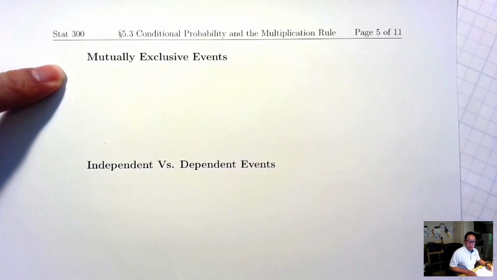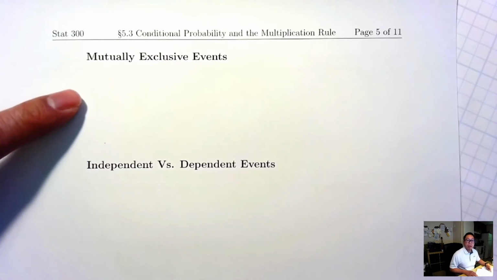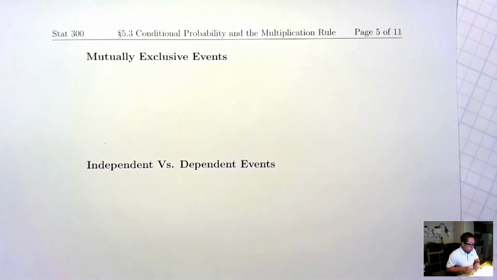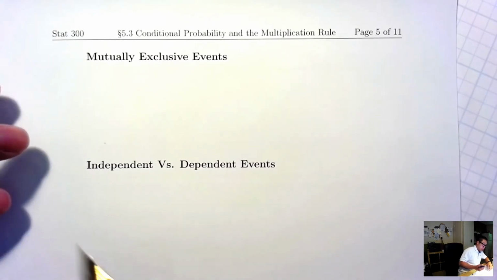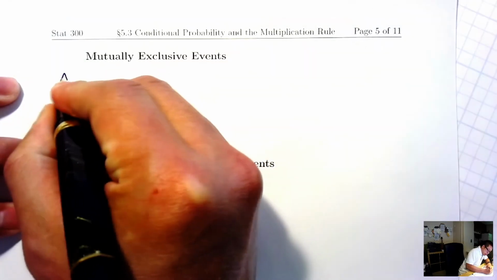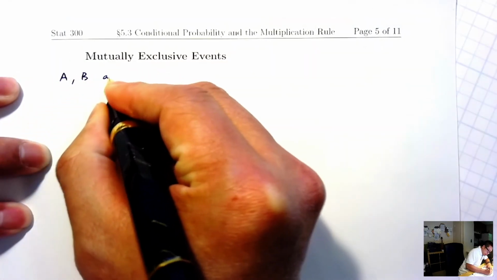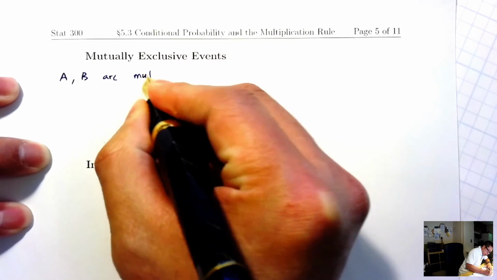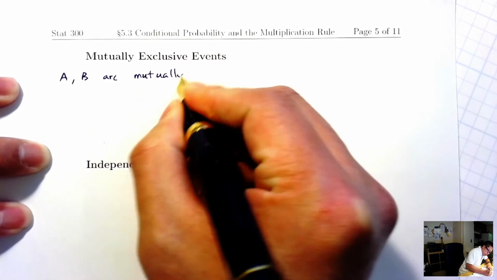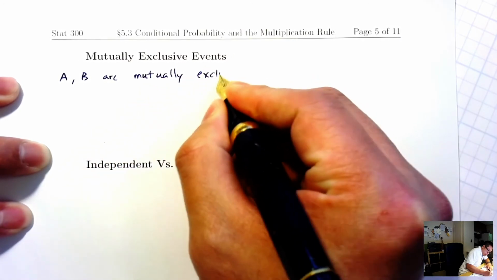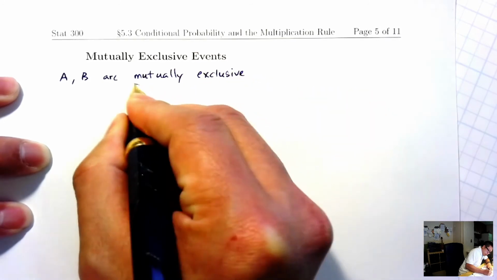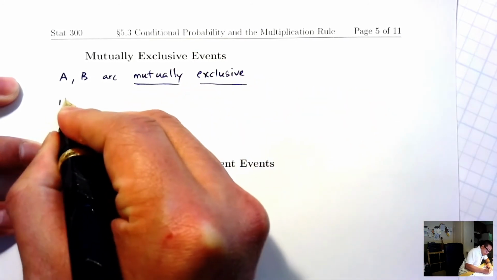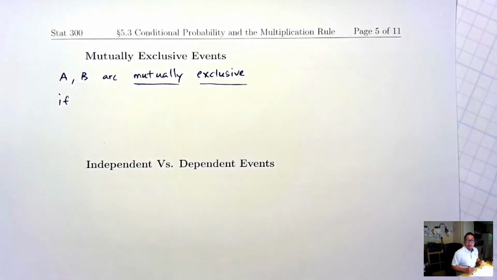Mutually exclusive events is something we talked about in section 5.2. So let me remind you what that means. 2 events, A and B, are mutually exclusive if they cannot happen at the same time.